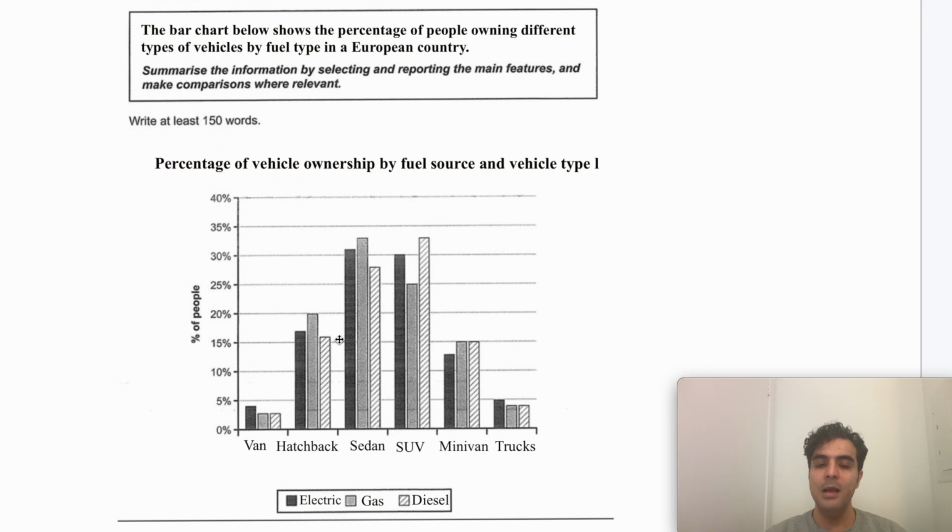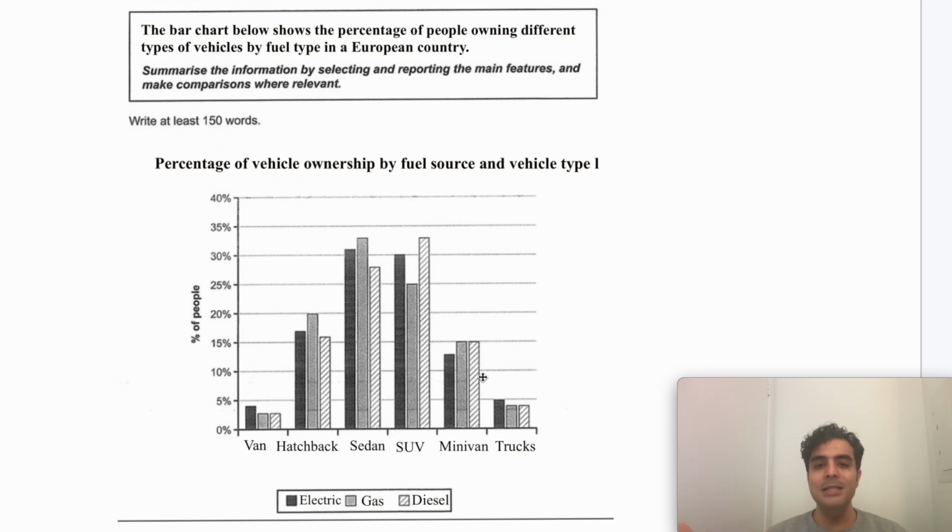Electric is greater than diesel among hatchback owners, among sedan owners as well, but not among SUVs, minivans, but also true among trucks. So you can see we have an exception. If you look at all these different categories and you really can't find something that's always true, then you could mention the rule plus any possible exception to the rule.